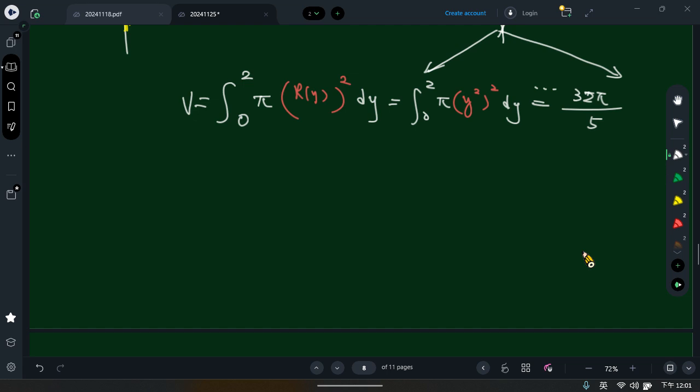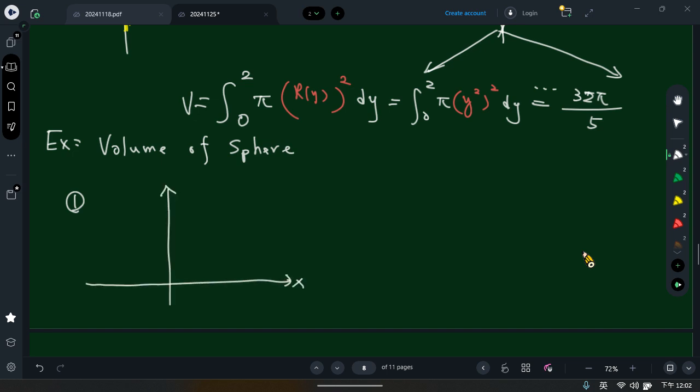Okay, then I will give you an example of how to use this idea to calculate the volume of a sphere. First, what is a sphere? It's a ball, right? So, for example, we just have a shape. We use this upper half circle, or generally x squared plus y squared is a squared.